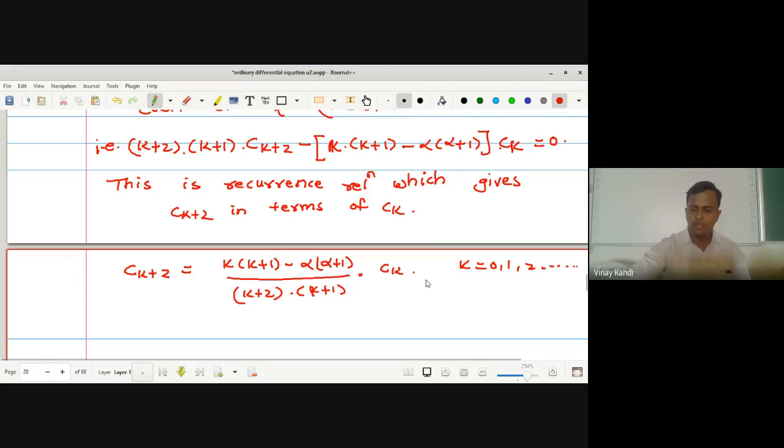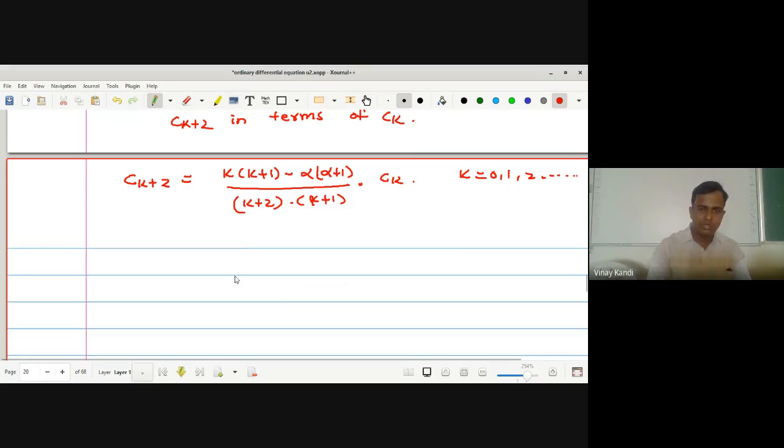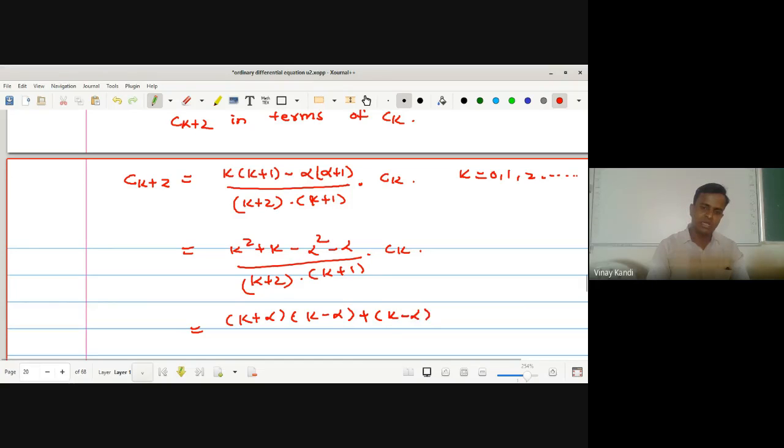Now, this is equal to k square plus k minus alpha square minus alpha, upon k plus 2 into k plus 1, into ck, which is equal to k square minus alpha square, this is k plus alpha into k minus alpha, plus k minus alpha, upon k plus 2 into k plus 1.